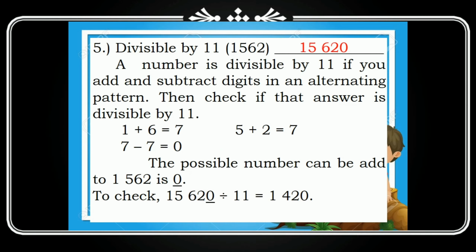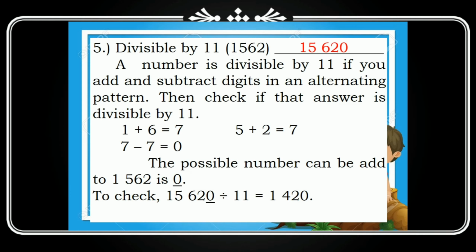And for number 5, divisible by 11, the given number is 1,562. A number is divisible by 11 if you add and subtract digits in an alternating pattern. Then, check if that answer is divisible by 11. 1 plus 6 is equal to 7. 5 plus 2 is equal to 7.